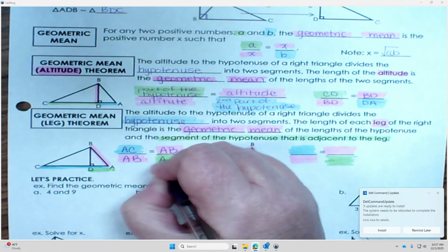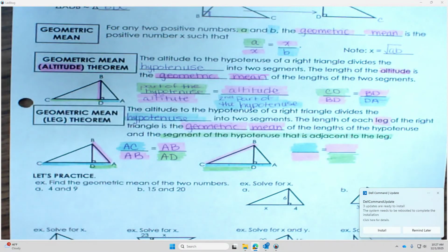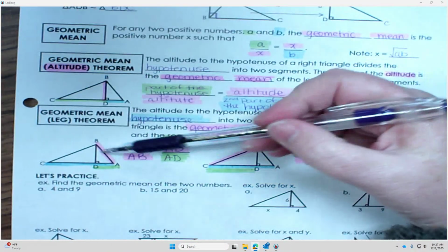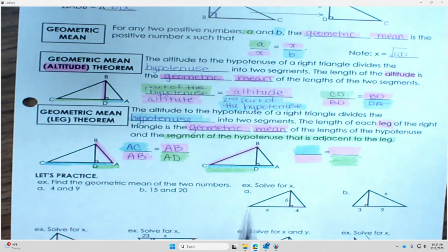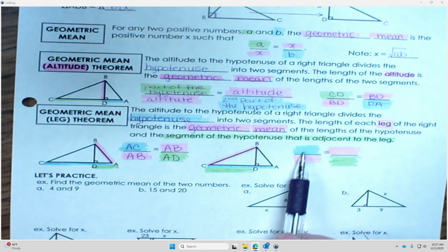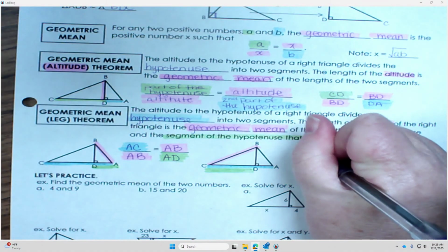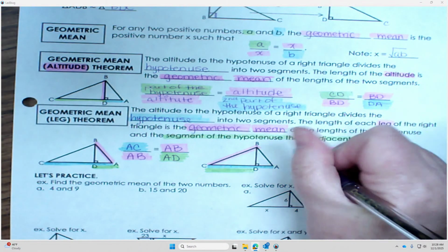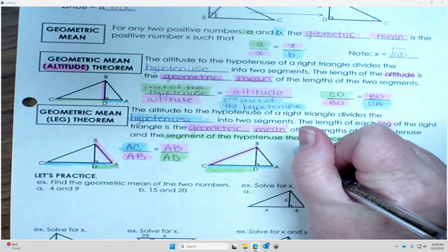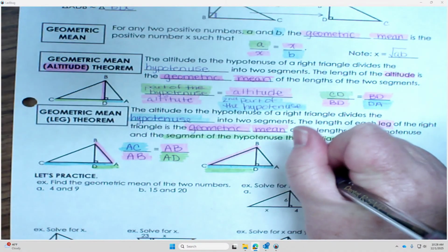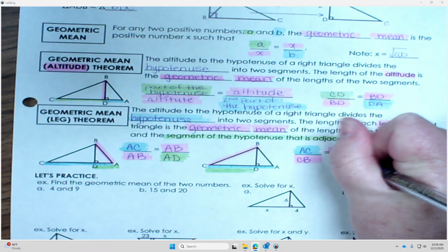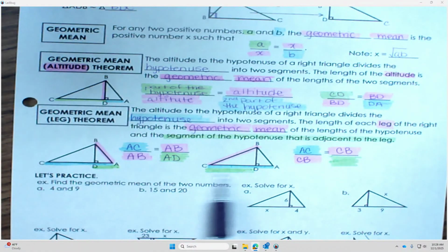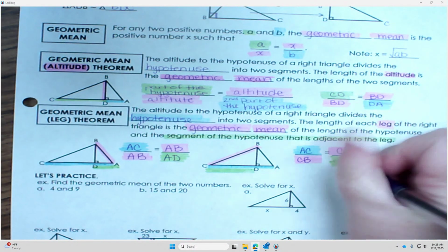So we're going to put AD for our green, because that smaller segment is now adjacent to this side right here. And then over here, we're doing similar, the whole hypotenuse, so AC, over the leg we highlighted. So this one would be CB, which would match up with CB. And then this time, we're not using AD, we're using CD.